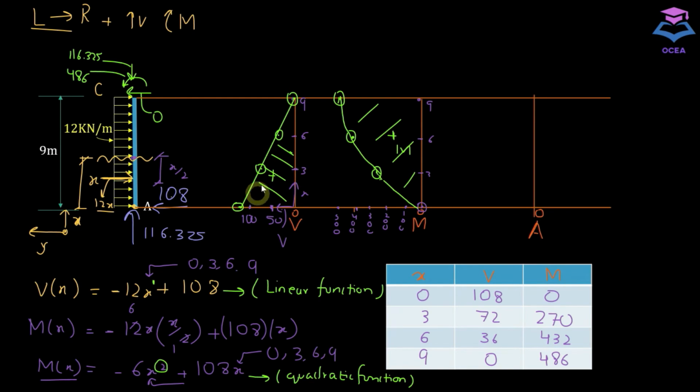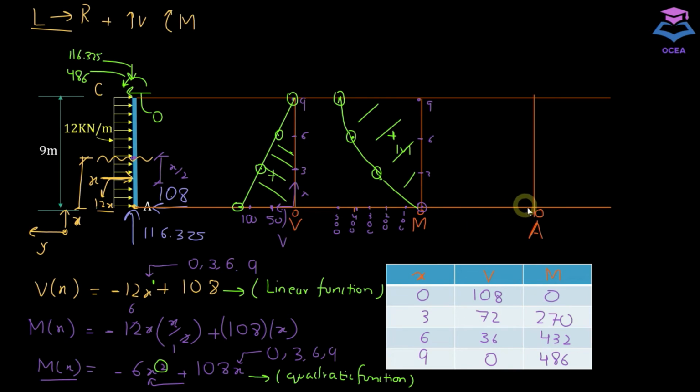That's why you can observe here that the shear force is a linear function, represented by a straight line, whereas the moment diagram is made by a curved line, or a quadratic line.